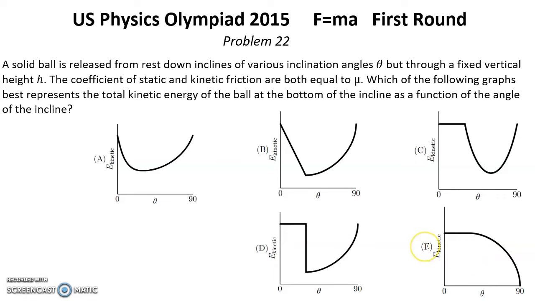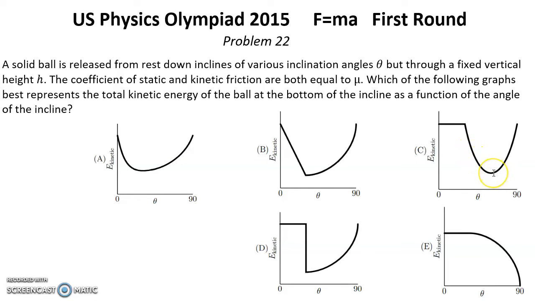And finally, we can tell that this graph must be a continuous function, because initially when we just reach the critical angle, tangent theta equal mu, we are losing just a slight amount of energy, and if we increase this angle, this loss of energy will increase.